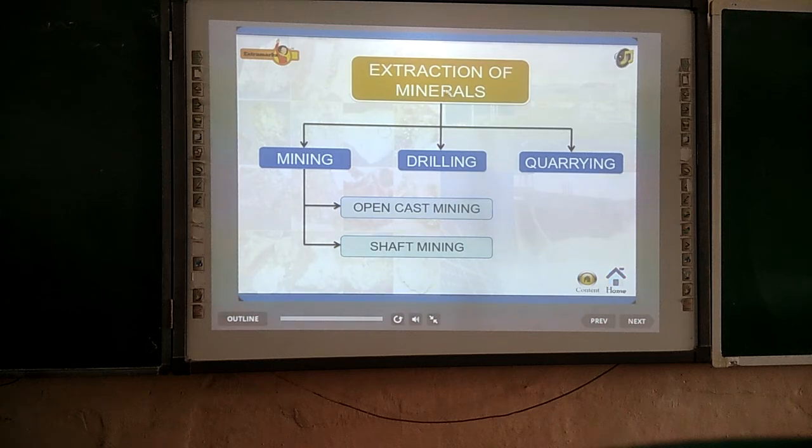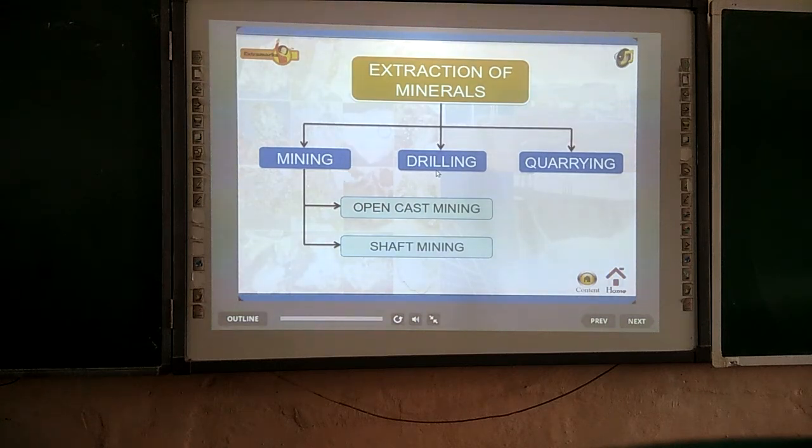Minerals are extracted by these methods. One is mining, second is drilling, and third is quarrying. Let us define what these are.